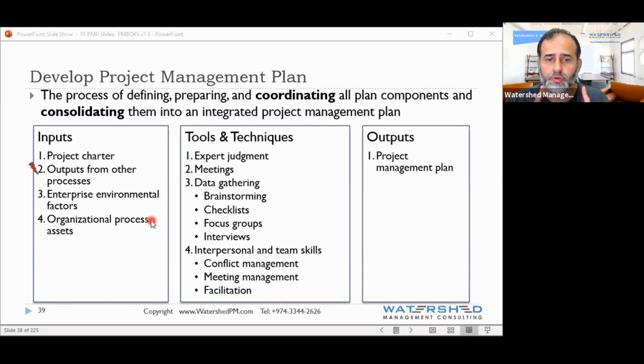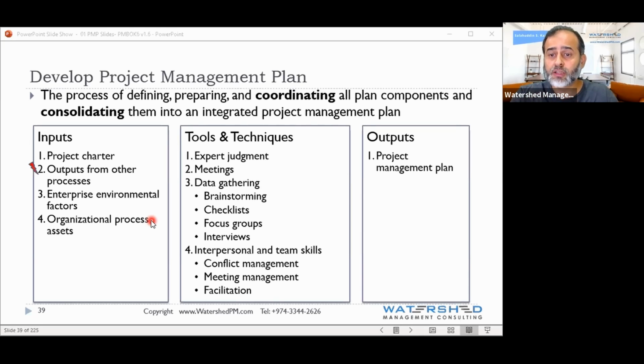So theoretically, again, as a concept, you're consolidating towards the end of planning. Make sense? So you get everything, consolidate and put them together, zip file, for example, because in real life it's not a zip file. You put everything in one zip file, it's your project management plan, consolidating.